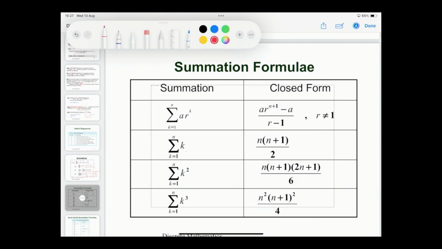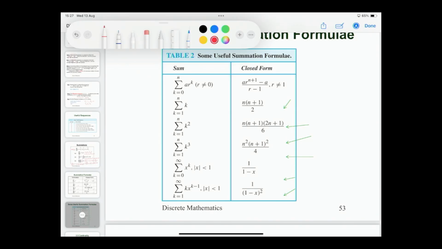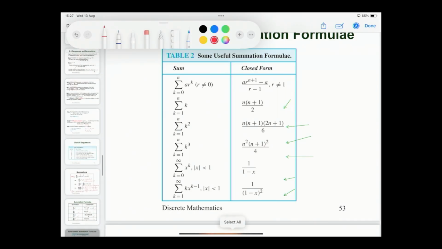This one, summation of k, k is from 1 up to n, has this form. When it is k squared, it is this one, k cubed is the other one. Okay, the other one, or this.